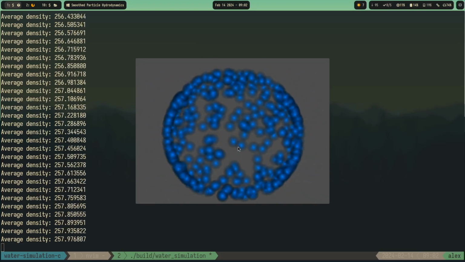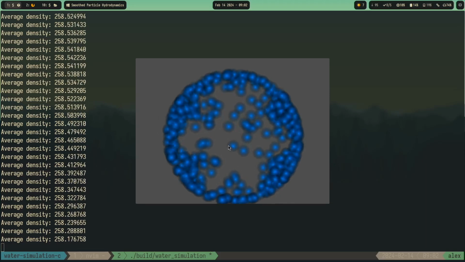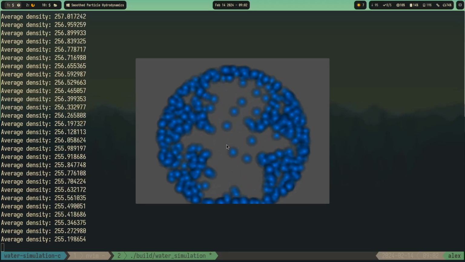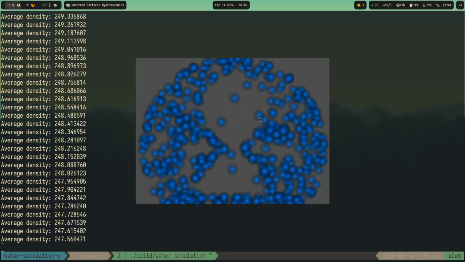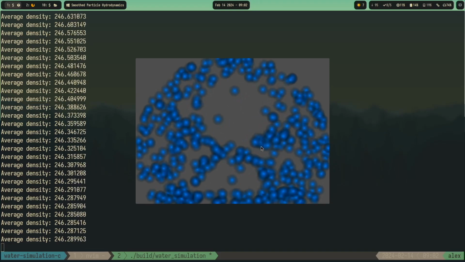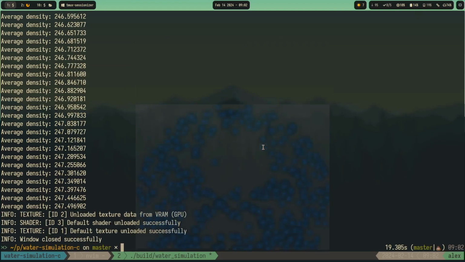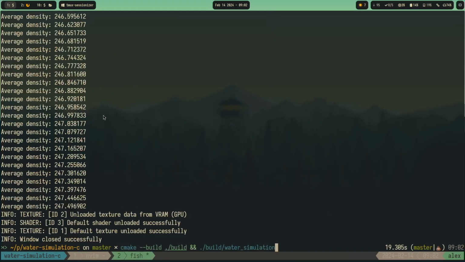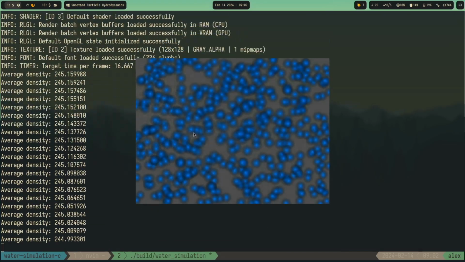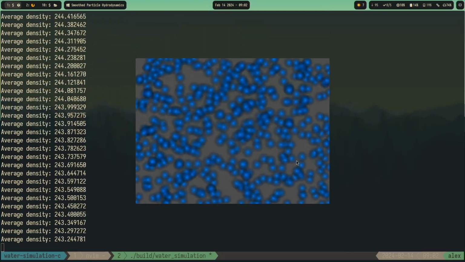I think if we increase the speed of sound, it might propagate faster, like all the pressure information and stuff. And if we try to decrease it, what might happen? It should be slower.